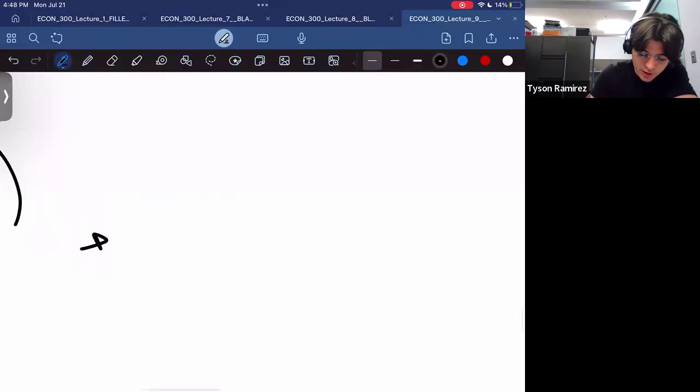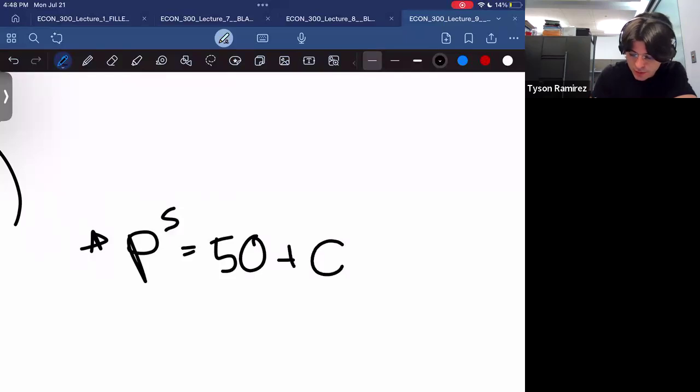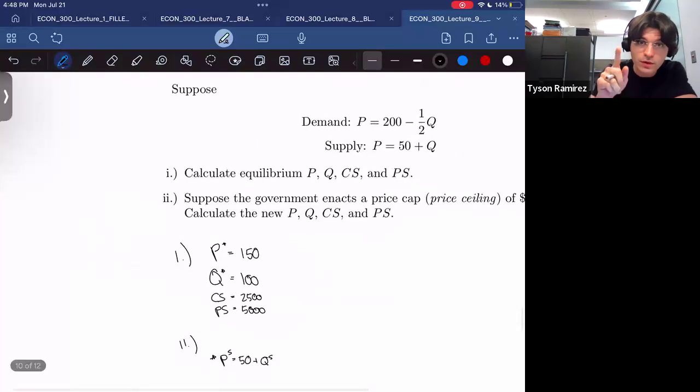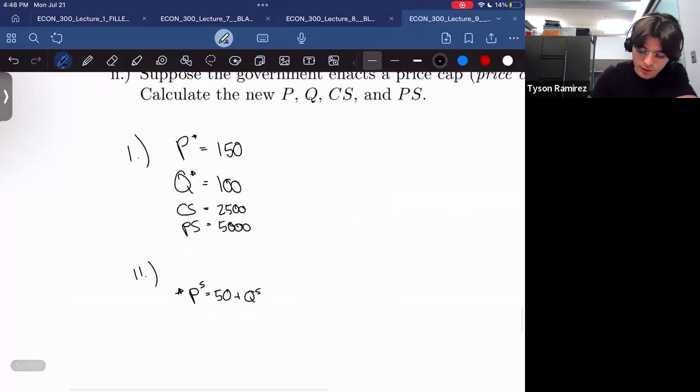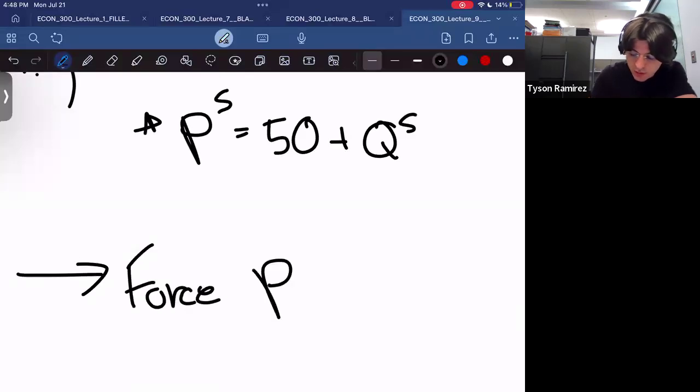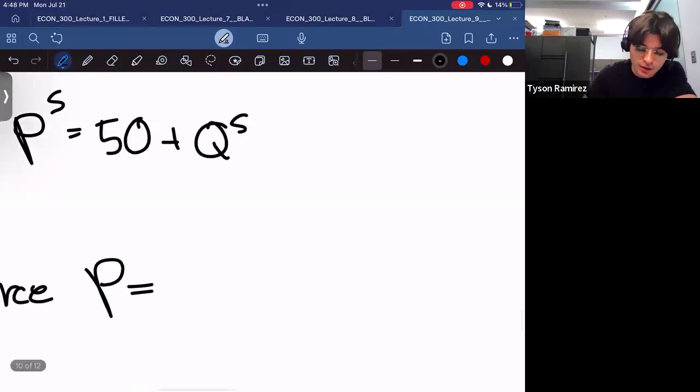Remember, let's look at the supply. Remember we had P supply is equal to 50 plus Q supplied, right from the equation given. We know that the market price is higher than $100.